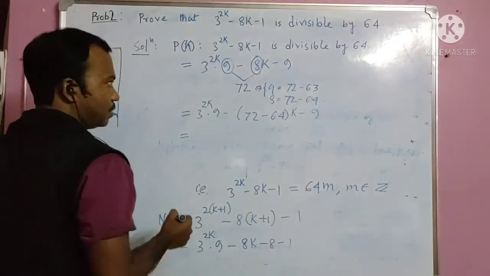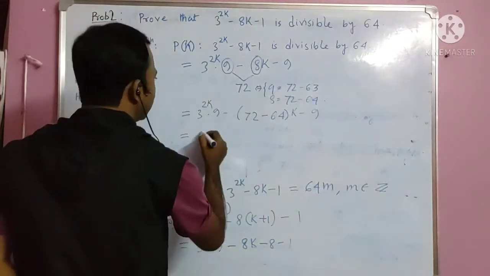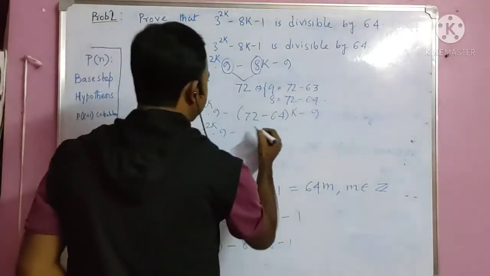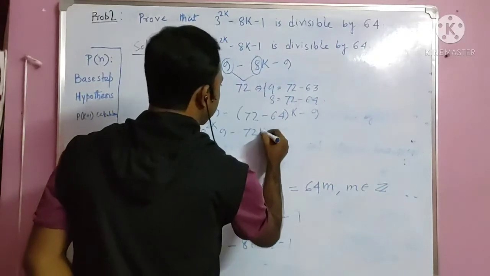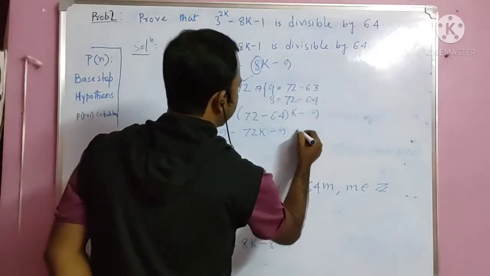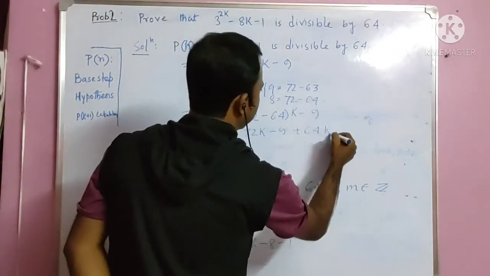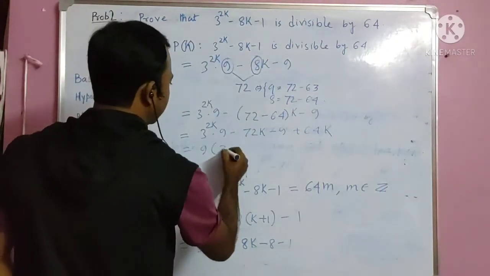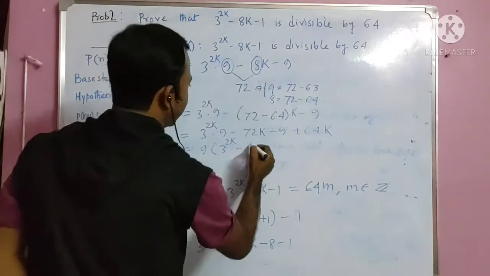This is equivalent to 3 to the power 2k into 9 minus 72k minus 9 plus 64k. Look what happens: you can use Pk terms.